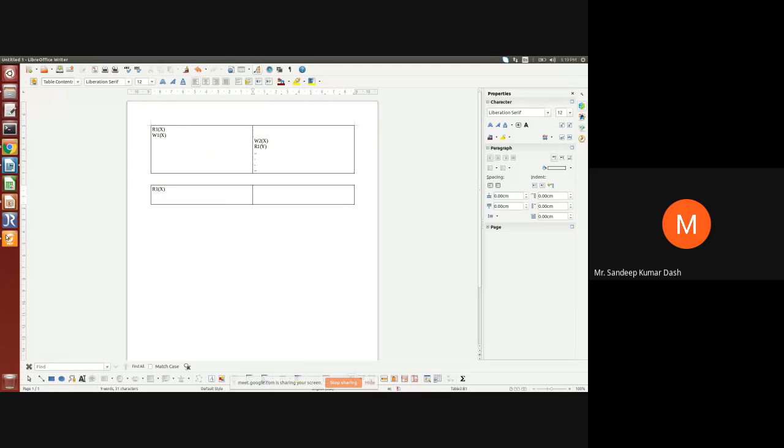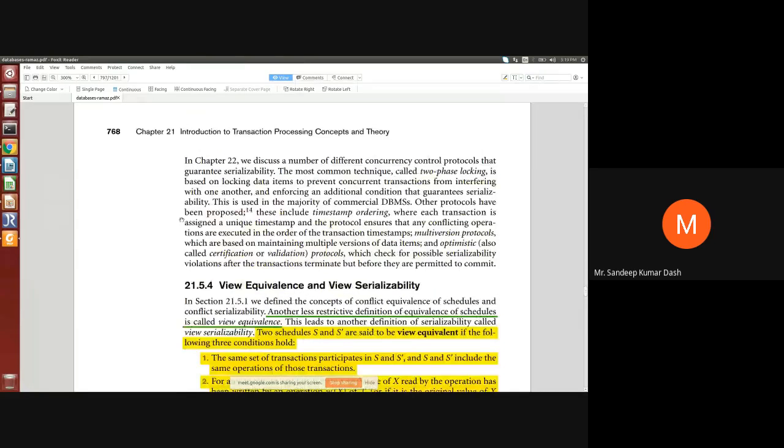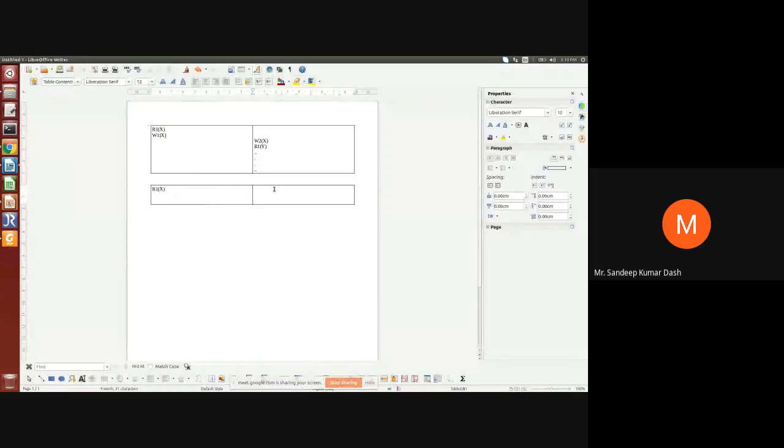The third case is, if the operation is the last operation to write the item, then, yeah, this says that the transaction which is writing x last, suppose this is writing x last, because after this write T1 is not writing the value of x anymore. Okay, so in the interleaved schedule also this transaction should last write the value of x.